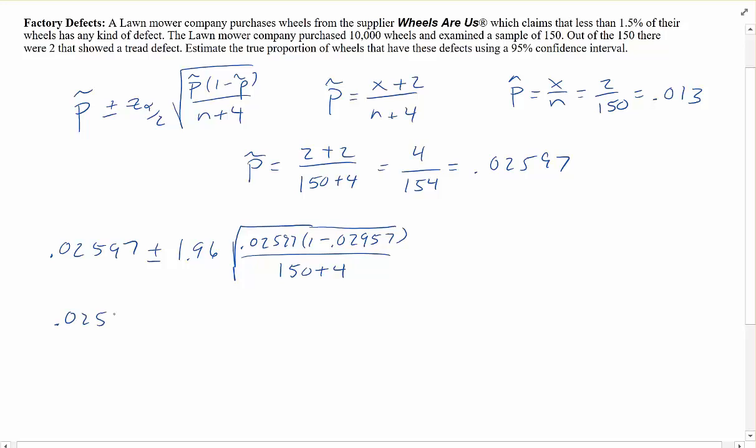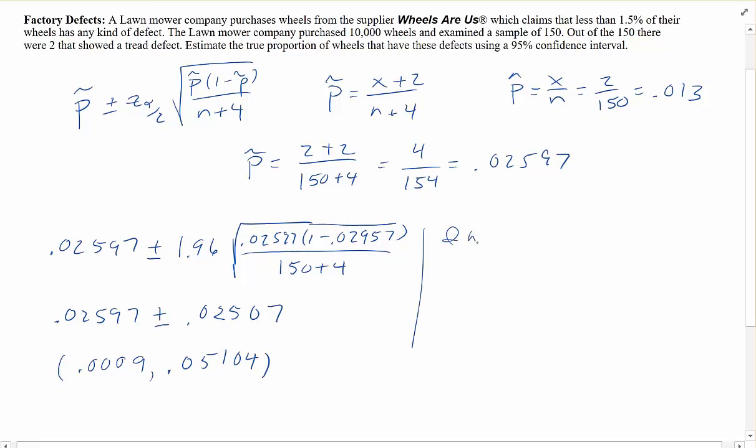So calculating my margin of error, I'm going to get 0.02507. And then adding and subtracting these on the lower end, 0.0009 to 0.05104.